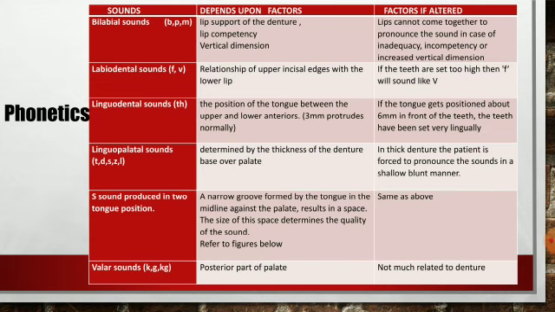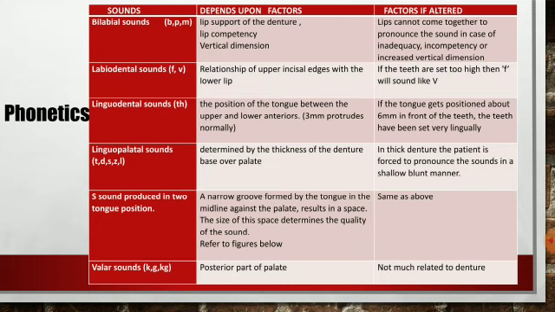Lips cannot come together to pronounce the sound in case of inadequacy, incompetency or increased vertical dimension. So whenever we give a denture to the patient, we should always observe for overstretching of the lips. If lips are overstretched, bilabial sounds will not be pronounced properly.